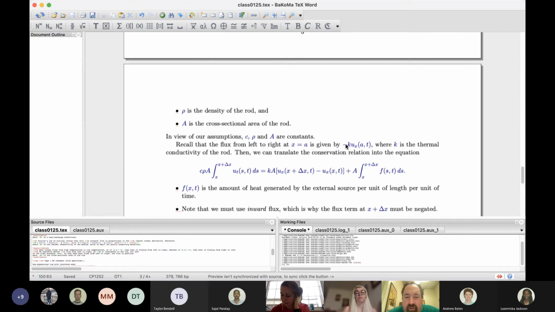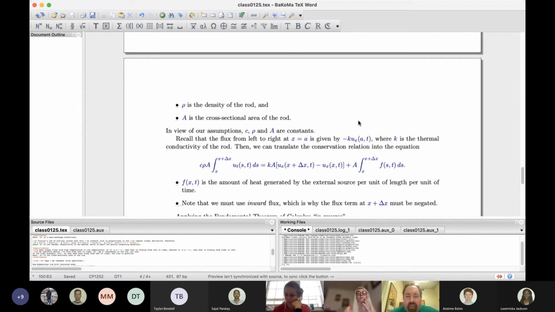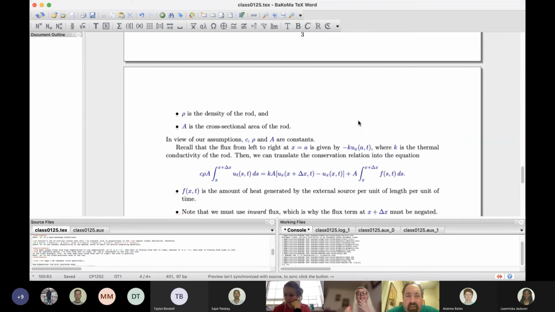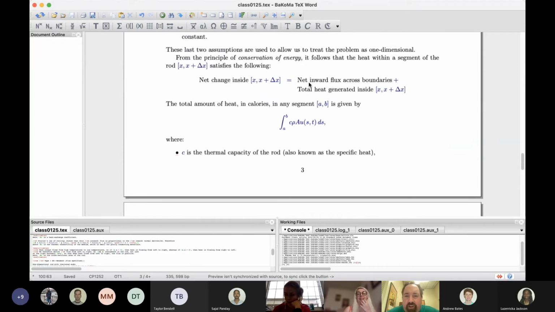Okay, so flux from left to right is given by minus k du dx. So for the conservation relation I had before, if I take this equation and take the derivative of both sides with respect to time, the rate of change of the total amount of heat with respect to time is just going to be this integral, except differentiating with respect to t.